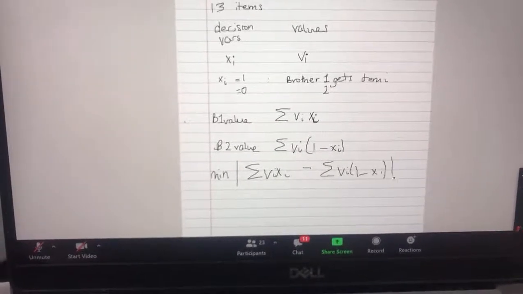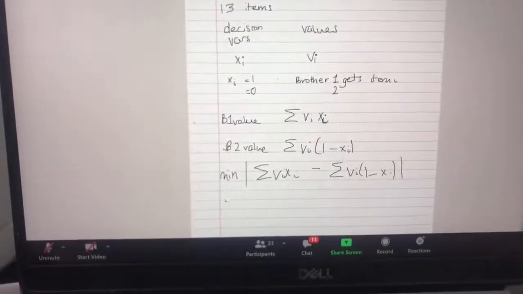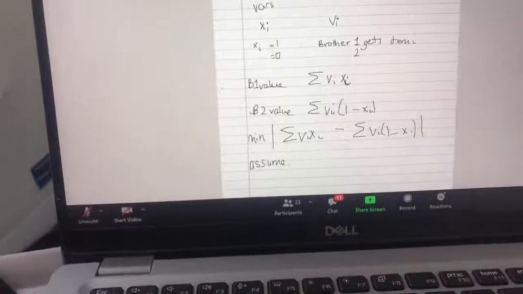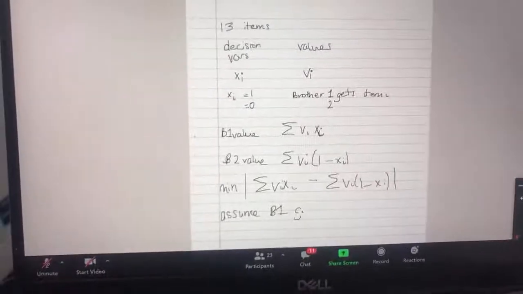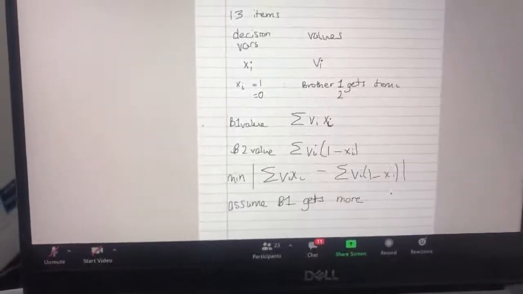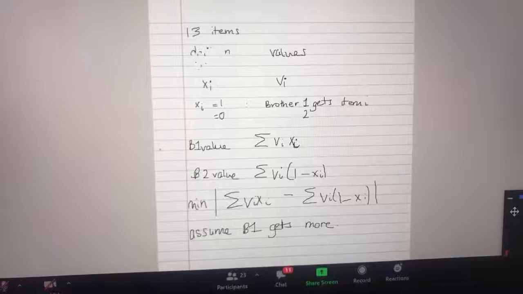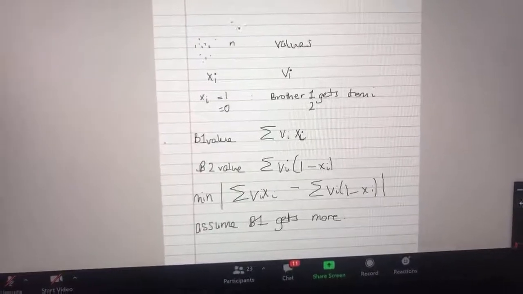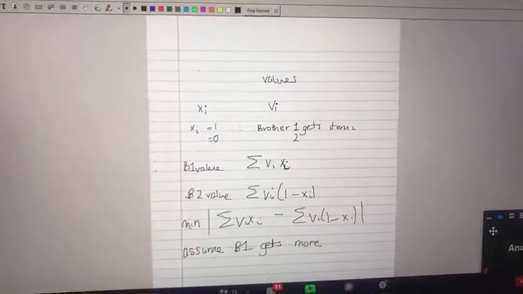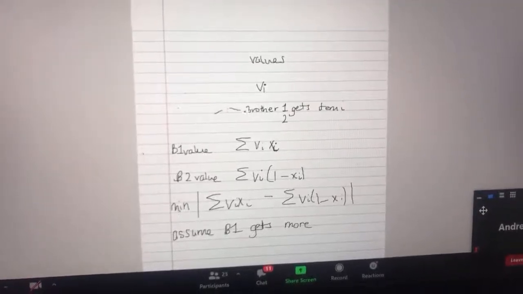And kind of the trick with this problem was to say that we will assume that brother 1 gets more. So that allows us to get rid of these absolute values, and we just add in a constraint saying that that's what we've decided, basically. Because we don't care which way round the brothers are.